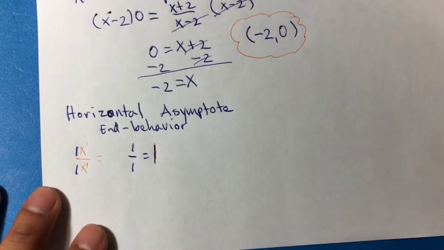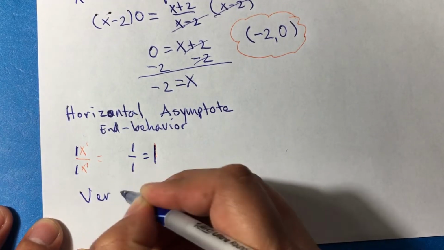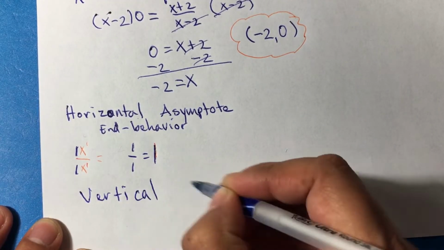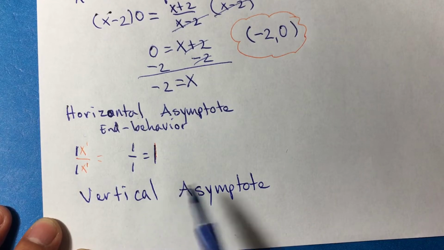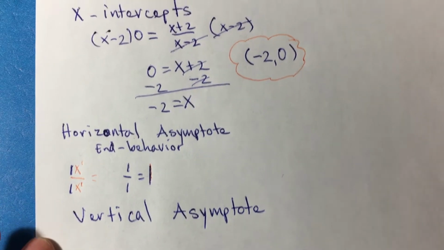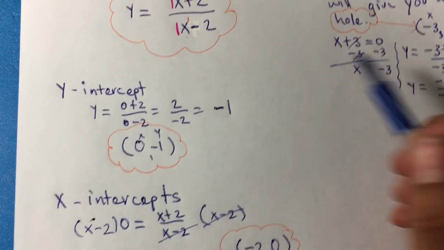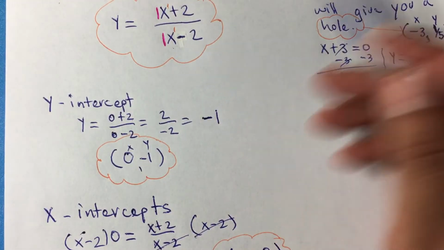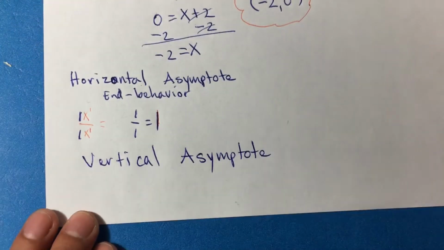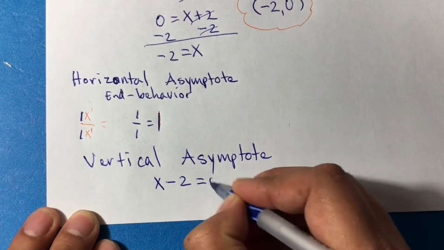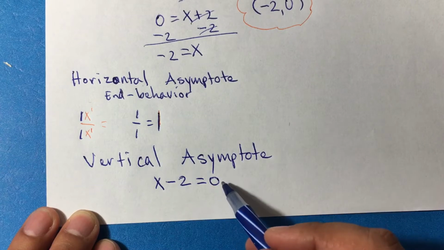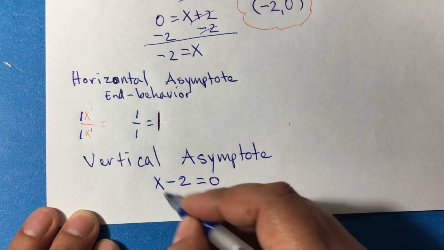And the last piece of information that we need is the vertical asymptote. For the vertical asymptote, what you're going to get is whatever is in the denominator, x minus 2, and solve for that. So x minus 2 equals 0, and then solve for x.